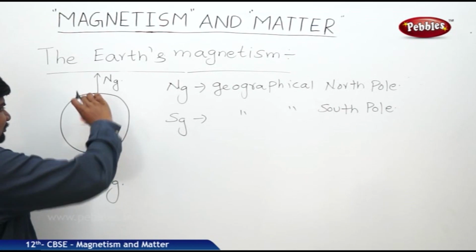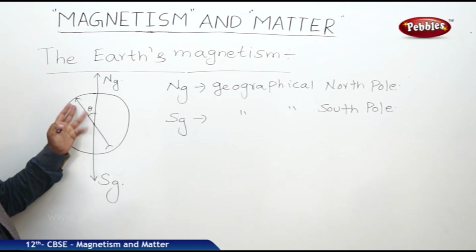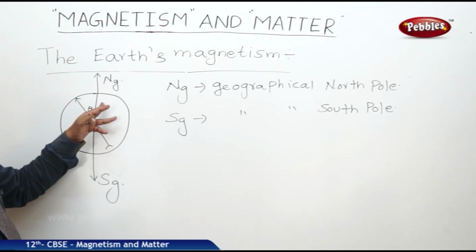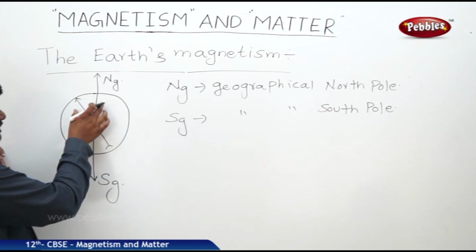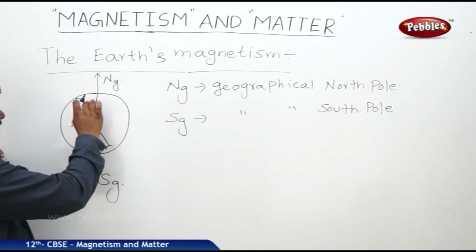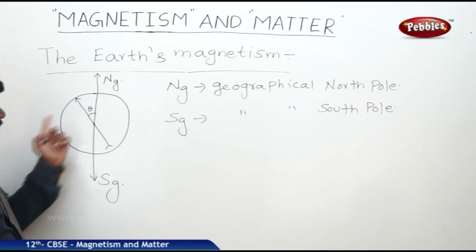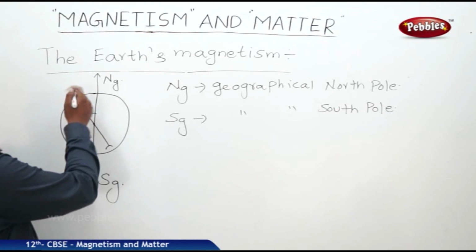This is the angle difference. Why is this north pole of the magnet not interacting or merging with the geographical north pole? Because there is a force of repulsion, because these two are north and north and these two are south and south. So that's why some angle of deviation or declination will be there between the two poles of earth and magnet.